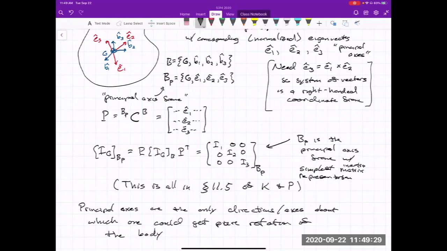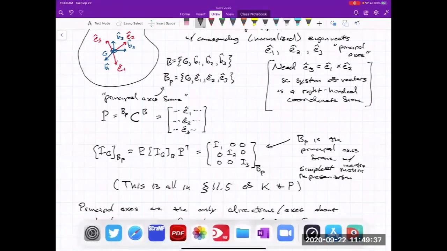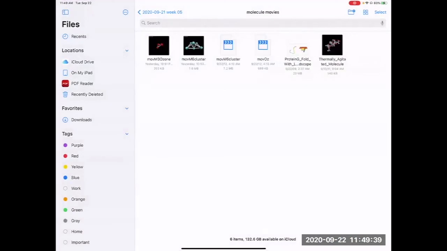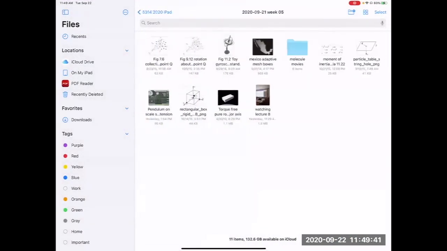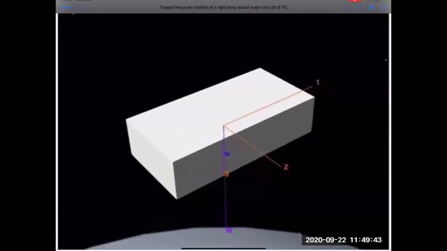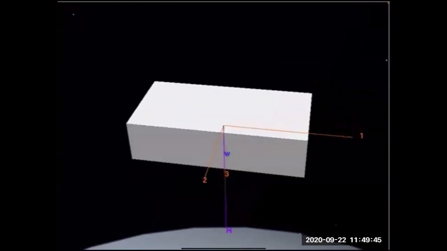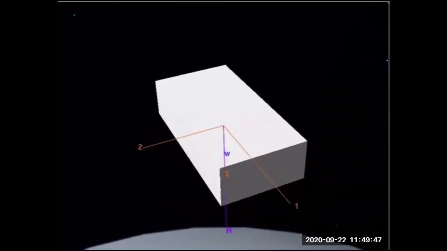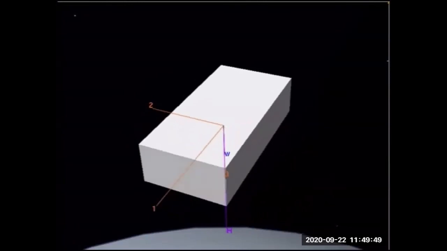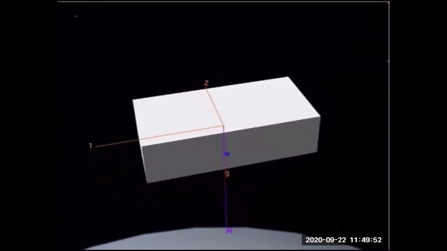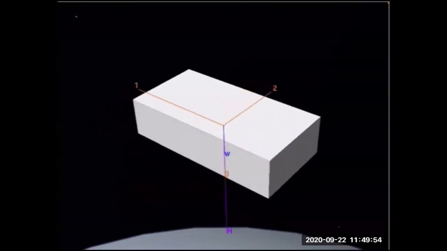So any three-dimensional shape is going to have principal axes to it. Let me show pure rotation. Right here is pure rotation. This is a block, maybe much like your cell phone, and we've got the principal axes labeled here, 1, 2, and 3.